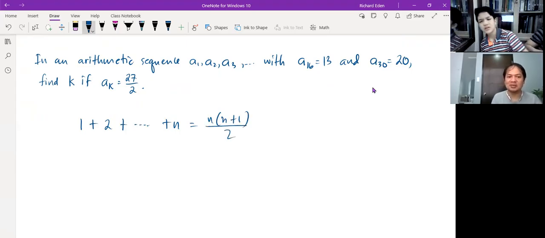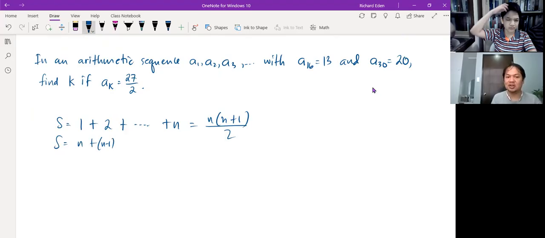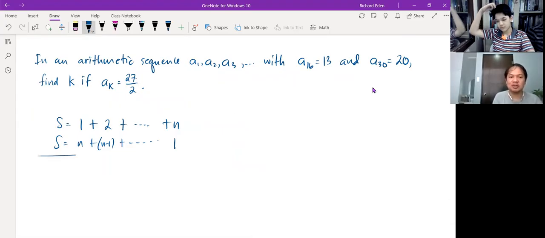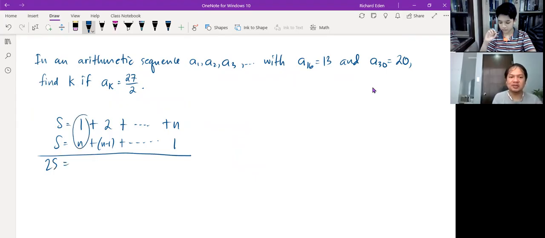Kasi if you let this be s, what you need to do is rewrite in the opposite order, right? The sum is still going to be s, which means that when you add 2s and then 1 plus n, that's n plus 1.